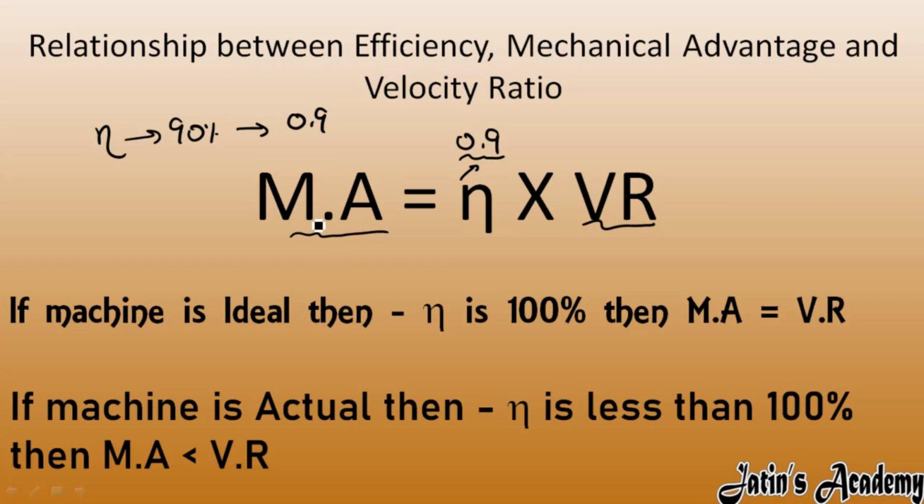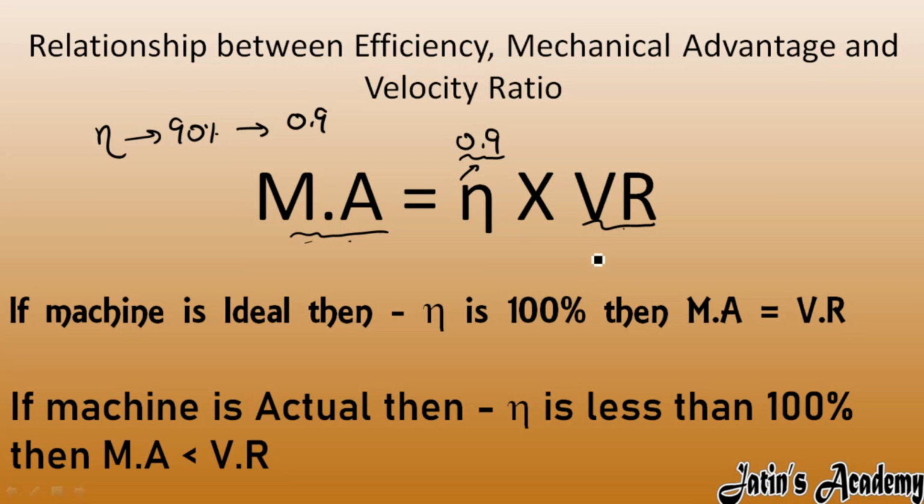So this is a very important point. Carefully see, when the machine is actual, meaning efficiency is less than 100%, then the mechanical advantage value is less than the velocity ratio. But when the machine is ideal, efficiency is 100% and mechanical advantage is equal to velocity ratio.